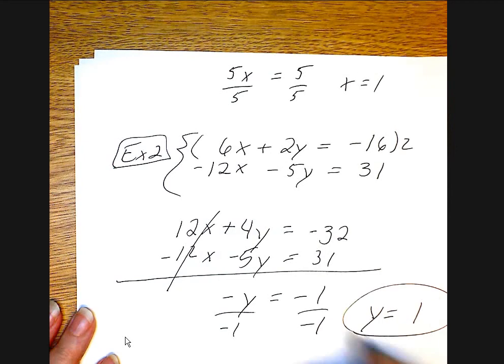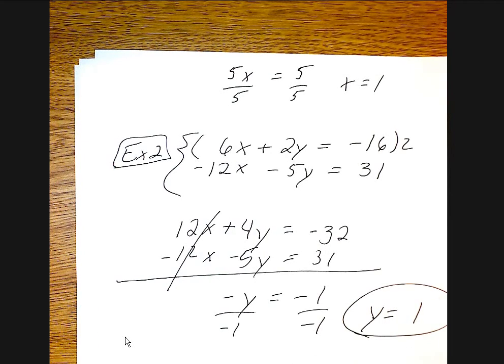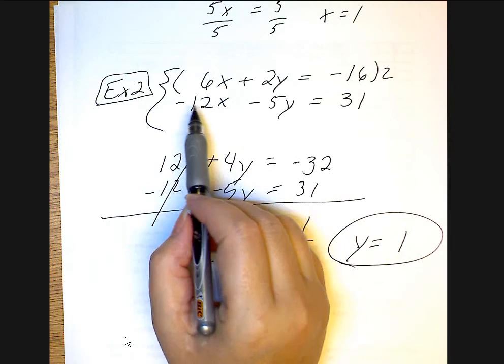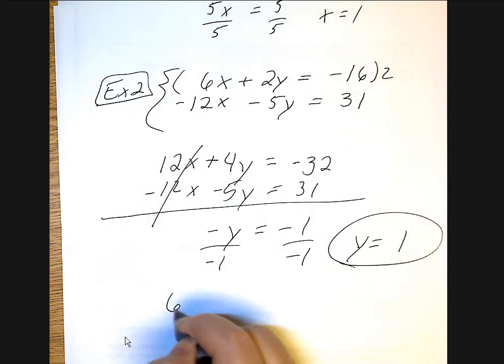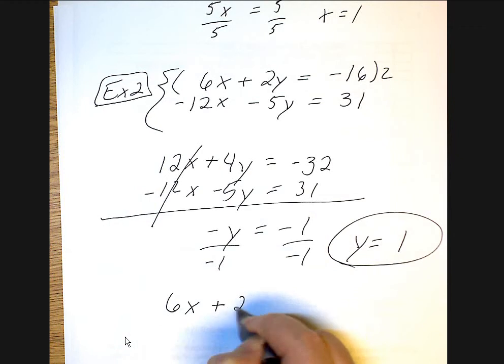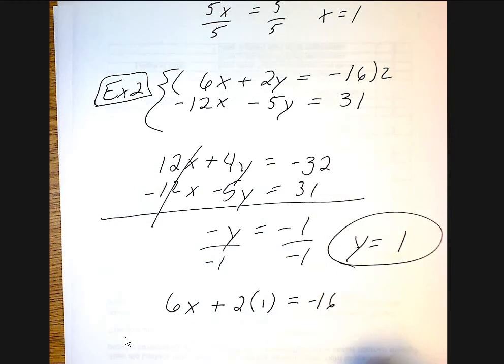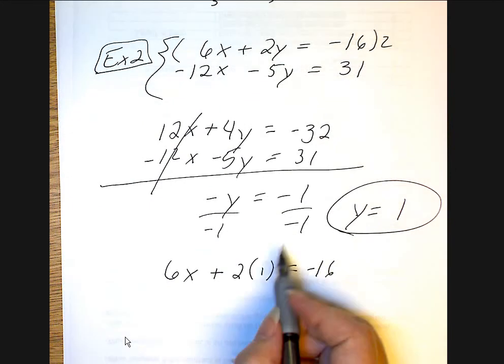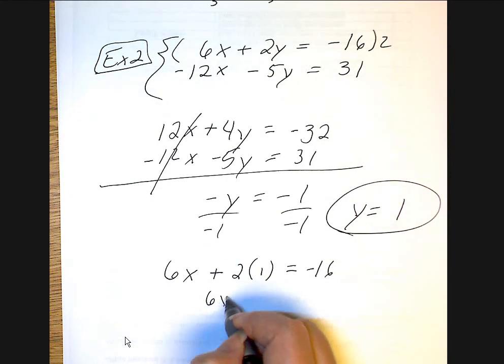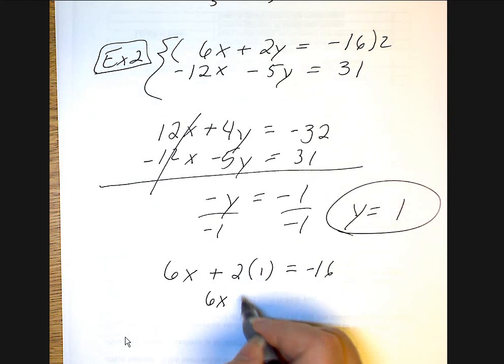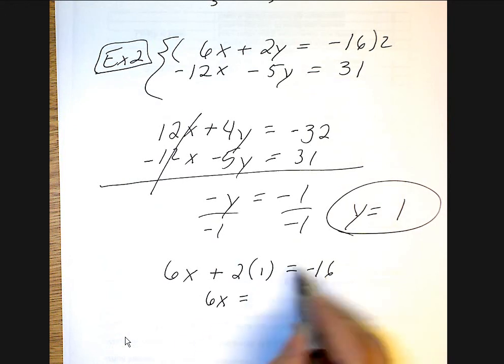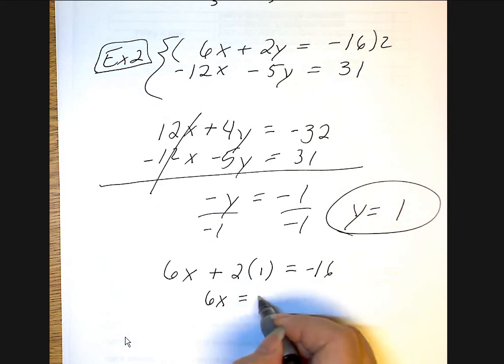All I have to do is solve for x. Tell me how I can do that. Plug y in. So I want you guys, we will plug it in. So we have 6x plus 2 times 1 is negative 16. 6x is equal to, I'm subtracting 2, so it's negative 18.